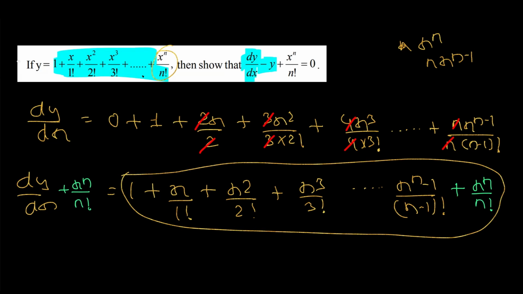So now if I replace this with y, I can do directly dy by dx minus y, transposing this to the left hand side, plus x raised to the power n over n factorial, should give you 1. So this is how we will do this question.